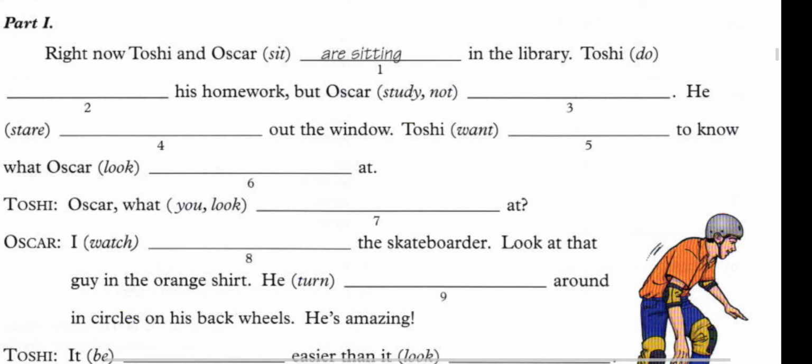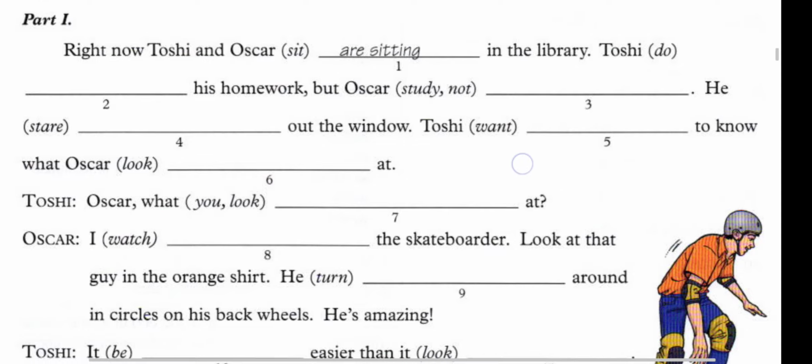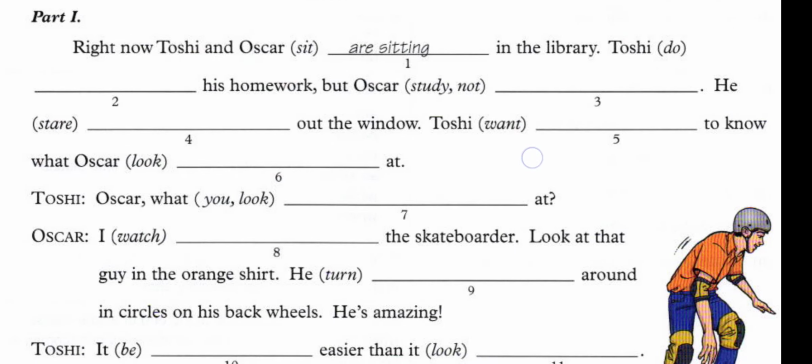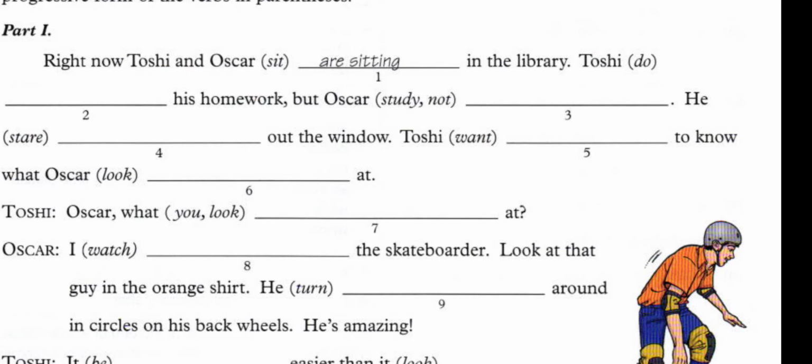Number 5, Tushi wants to know what Oscar looks at. So here, number 5, we have the verb "want". The verb "want" is a non-action verb, or a state verb, or a stative verb. We never use non-action or state verbs in the present continuous.